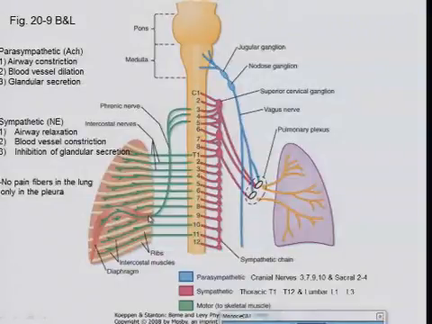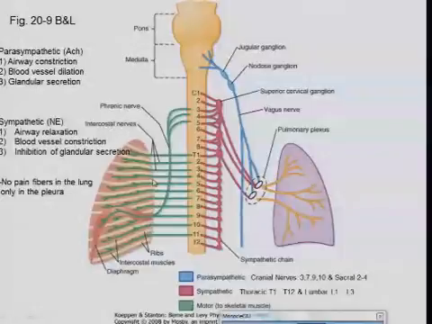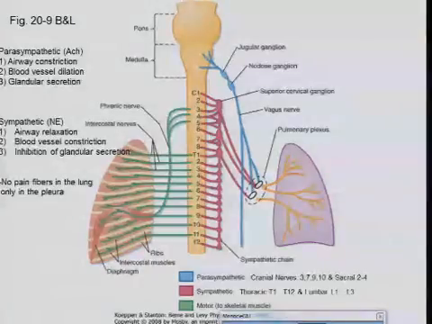So without the phrenic nerve, our diaphragm would not function, and we would not be able to use that for inspiration. And also the intercostal nerves, those come off of the thoracic innervation here, and you see how that affects the intercostals. Therefore, the external intercostals that are responsible for inhalation are also controlled here.